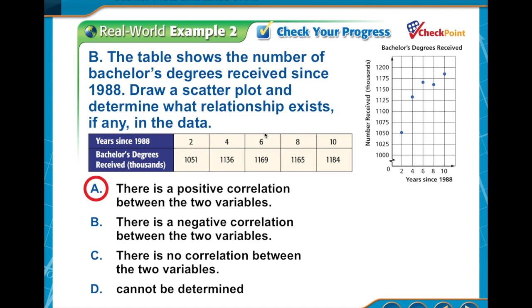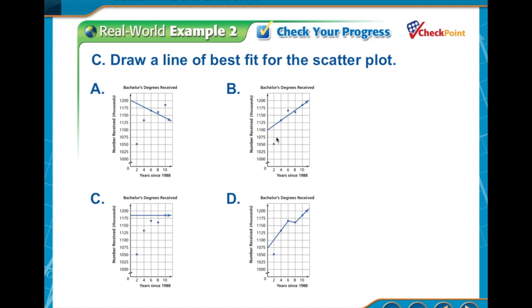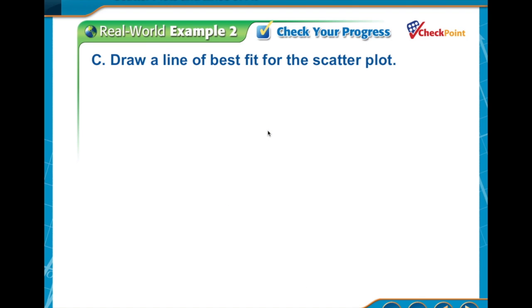And if we go back to our data points, we can tell it should be pretty close to this 1050 number, a little bit above it. So if we intersect there, our y-intercept looks like it's about 1100.